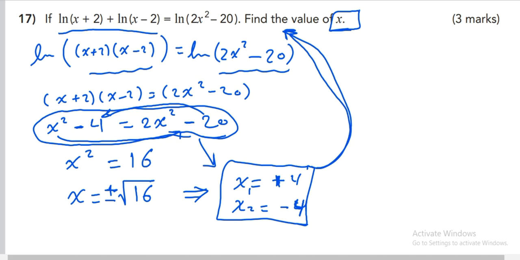If we substitute, you will see that x equal negative 4 is not accepted. Why? Not because it's negative, because if we put it in the place of x in any part, you will get a negative value. If we put negative 4 here, it will be negative 4 minus 2 equal negative 6. No ln for a negative number, so this one is refused.